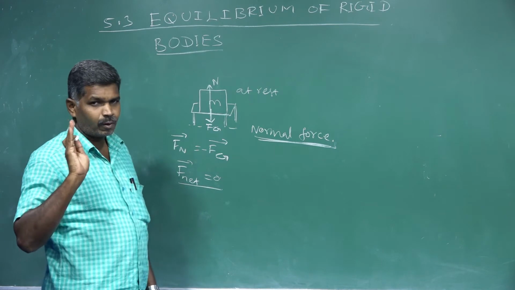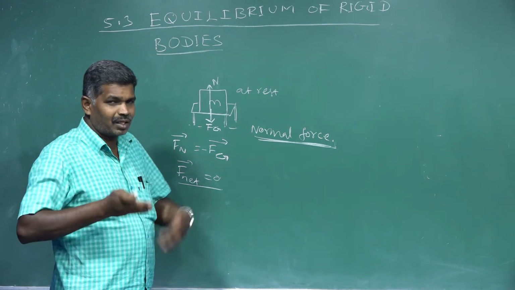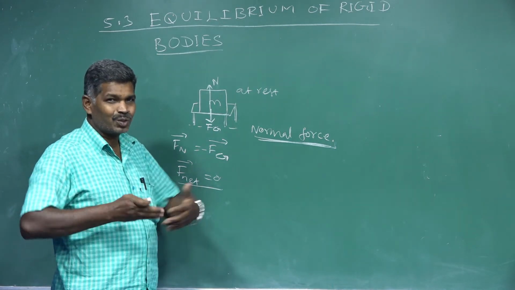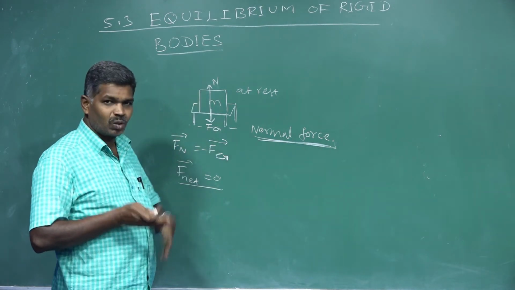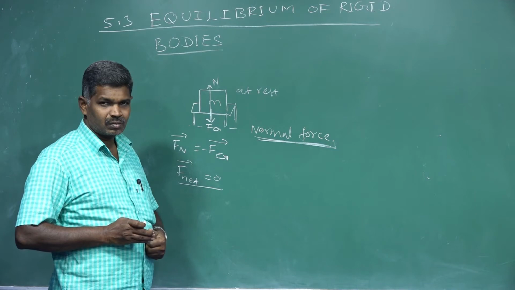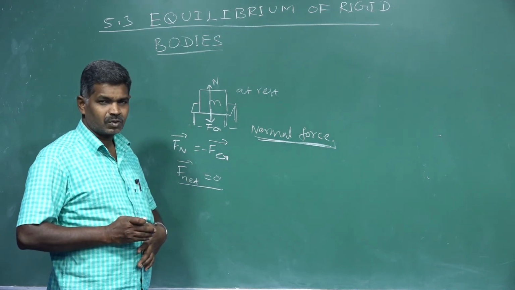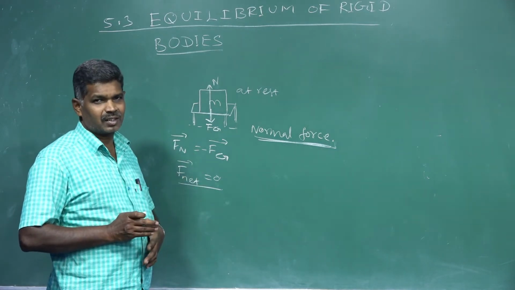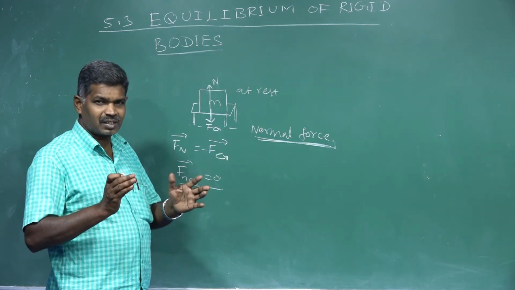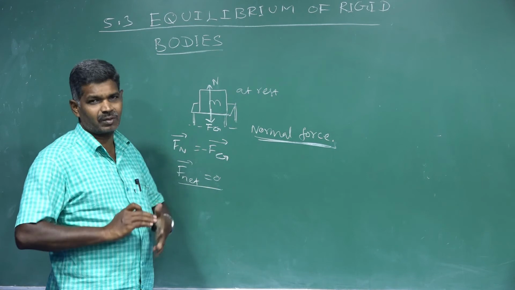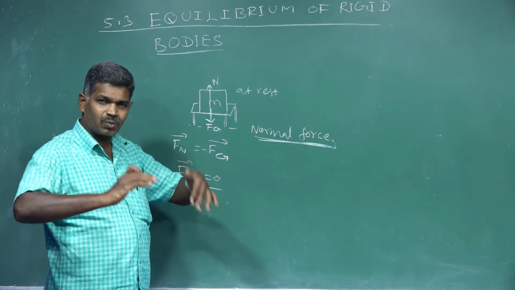Don't say no force is acting. In our usual daily life, we say that if any object is like that, no force is acting. That is meaningless. You cannot say practically no force is acting, because any object exists in our gravitational field, so definitely it experiences gravitational force.